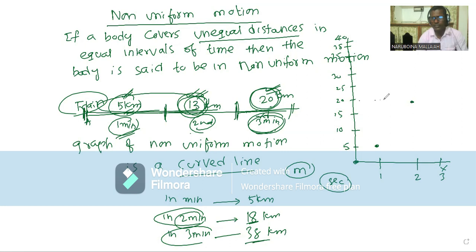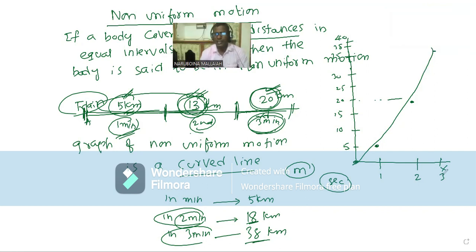Next, at 3 minutes, 38, so from 3 I go up to 38, which is here.